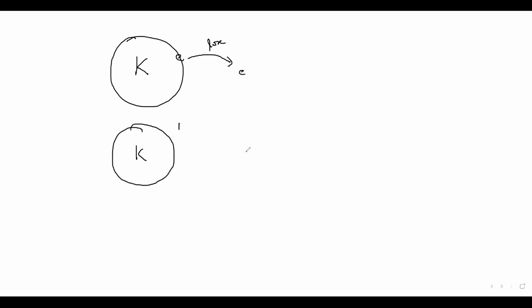It will be +1, and that electron is being lost. So when this electron is being lost, this attraction between the positive ion and the electron is called a metallic bond. That is the first thing.